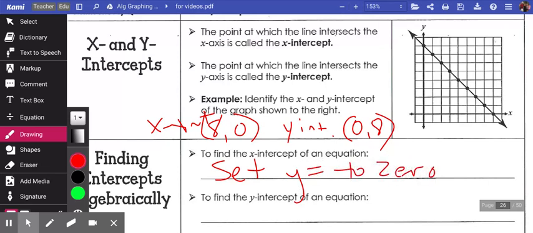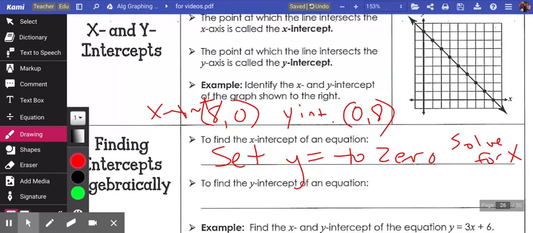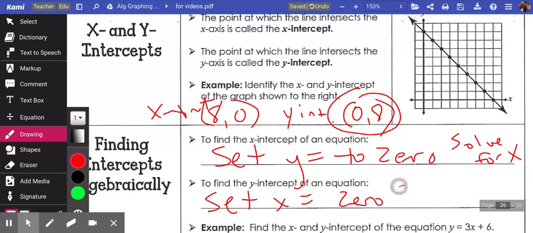That'll make more sense when we do it. Then you solve for x. And the opposite, to find the y-intercept, since we know it has that 0 for x, we set the x equal to 0, and then you solve for the y.